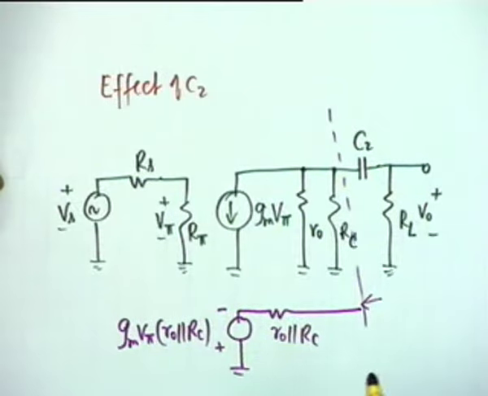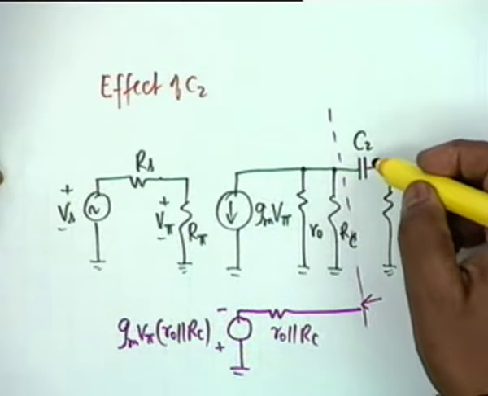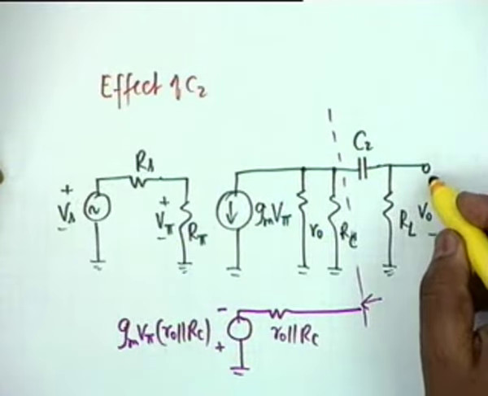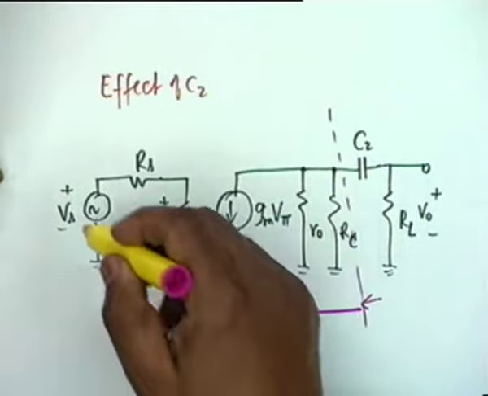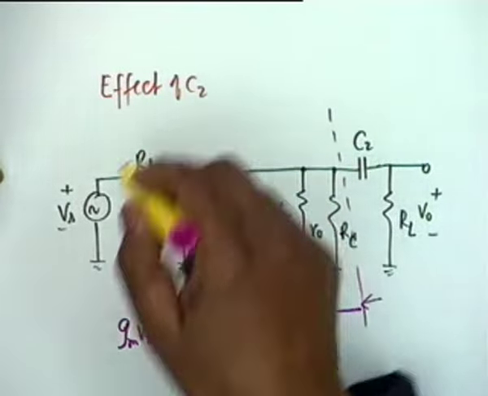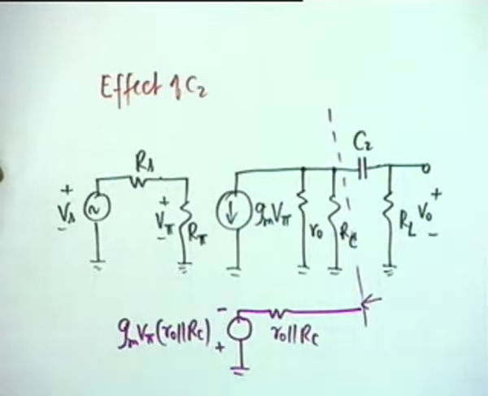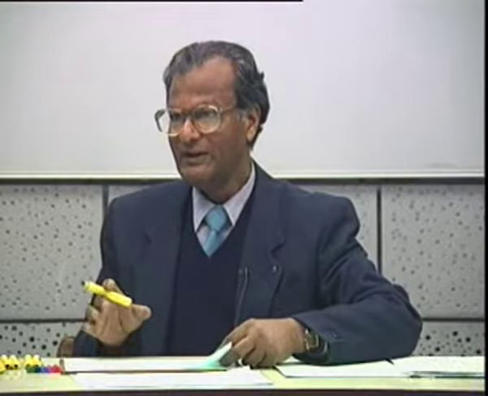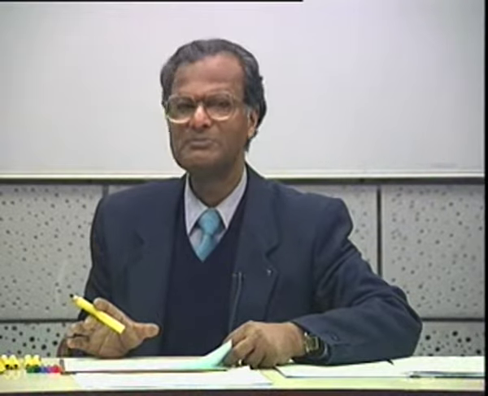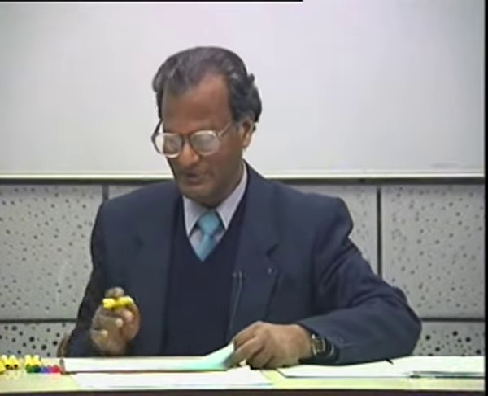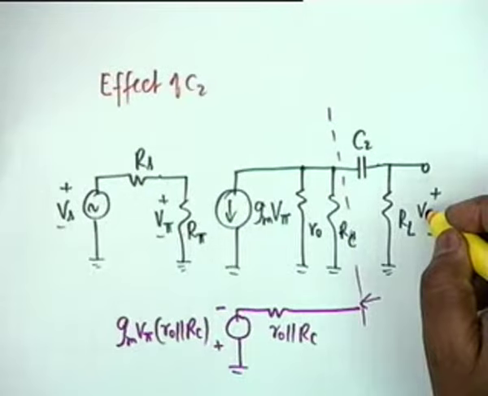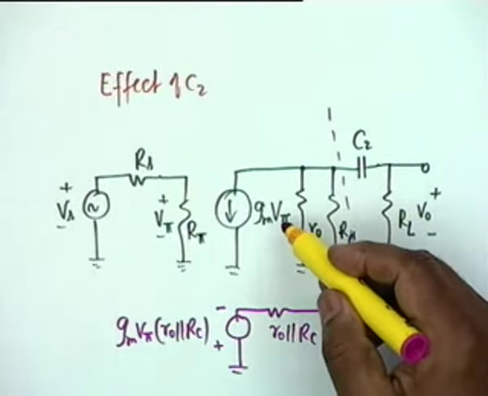If I do that, then you see R0 parallel RC comes in series with C2, and then you can find V0 as a potential division. And V pi, obviously, is Vs multiplied by R pi divided by R pi plus Rs. Okay. So AVS can be written down by inspection. Is that clear? Can I repeat? Okay. V0 I have to find out in terms of V pi.